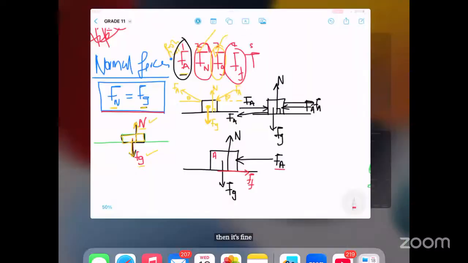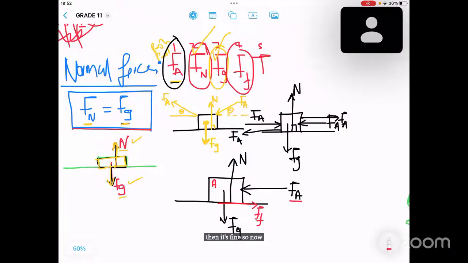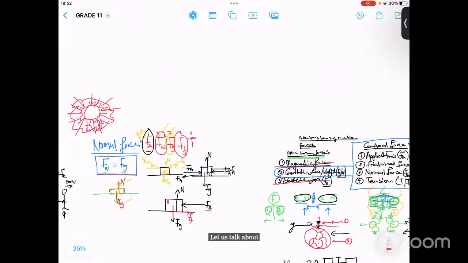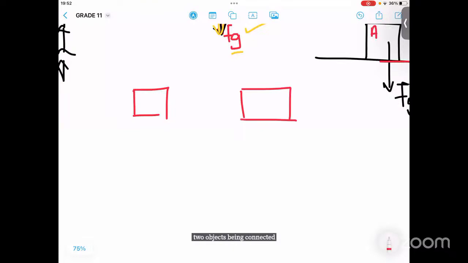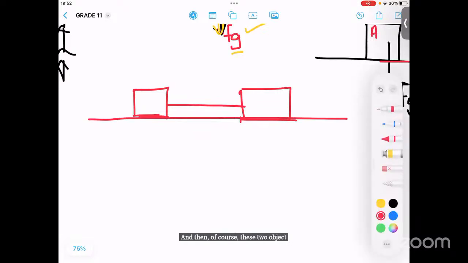So now, let us talk about the tension. The tension will exist if you have two objects being connected. There must be two objects which have been connected by something, let's say a rope. And then, of course, these two objects are on a surface. Let's talk about those other forces that I've explained.